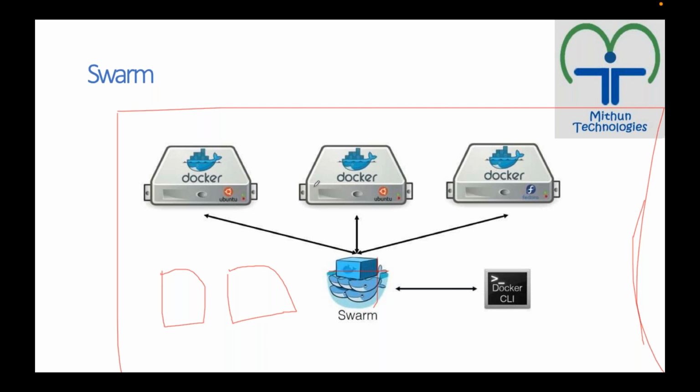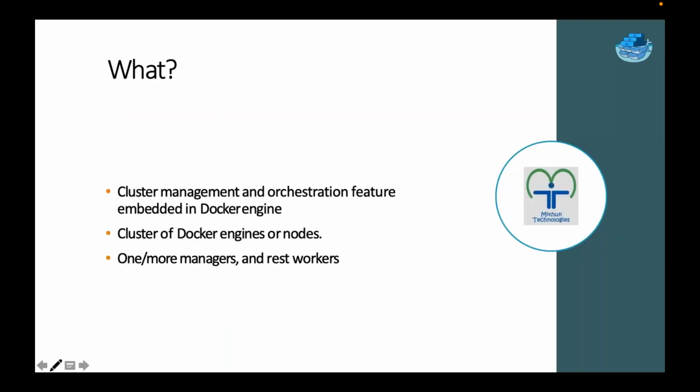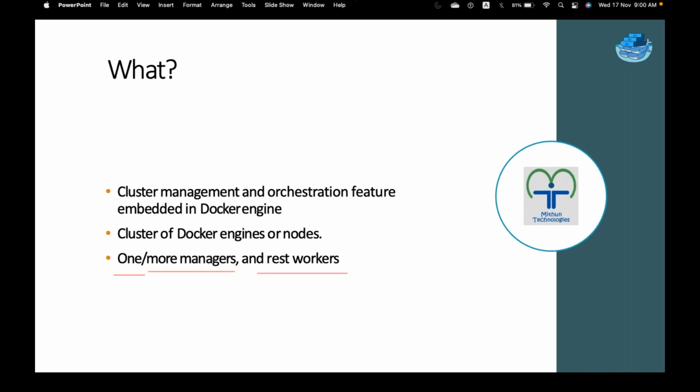So in real time, you will have multi-master for high availability. In that cluster, we will have one or more managers, and the rest of the machines are called workers.